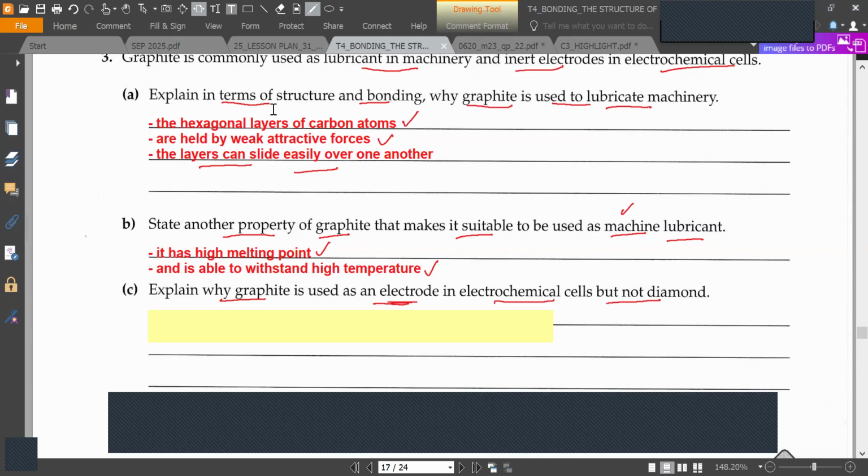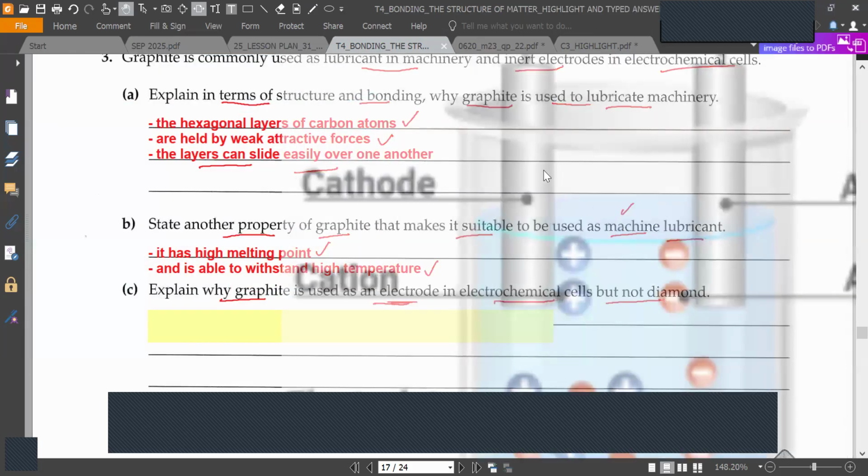Let me find a picture. So this is an electrochemical cell.